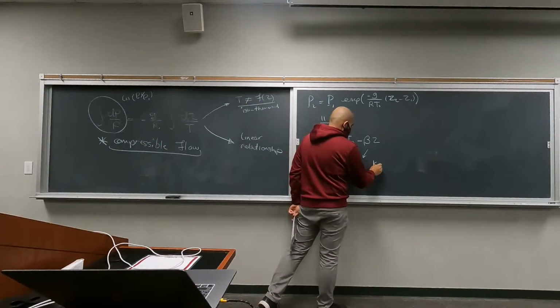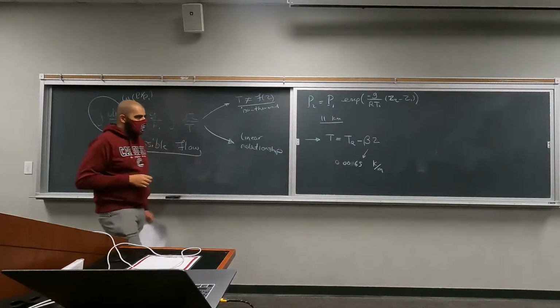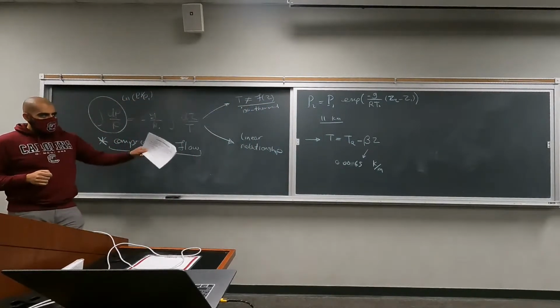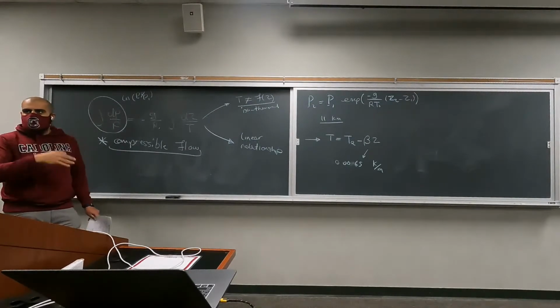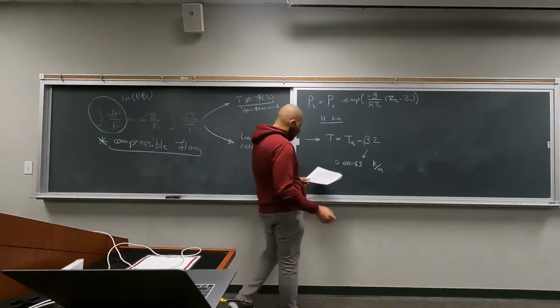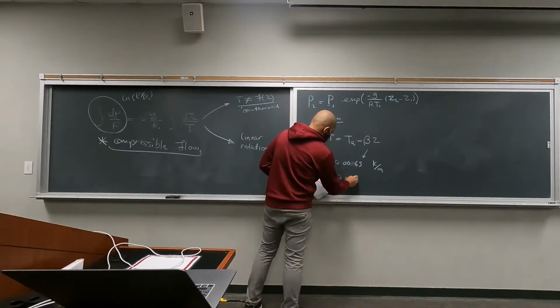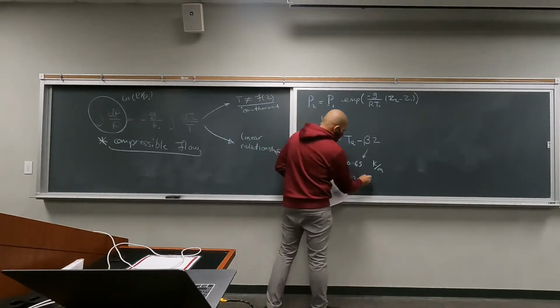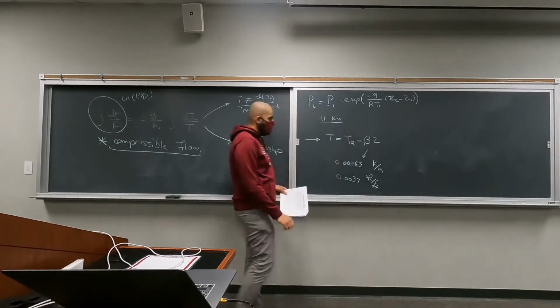The dimensions for this are kelvins per meter. So this beta is essentially the slope of our line, or the rate of change of temperature with altitude. In the British system, it is 0.0037 degrees Rankine per foot.